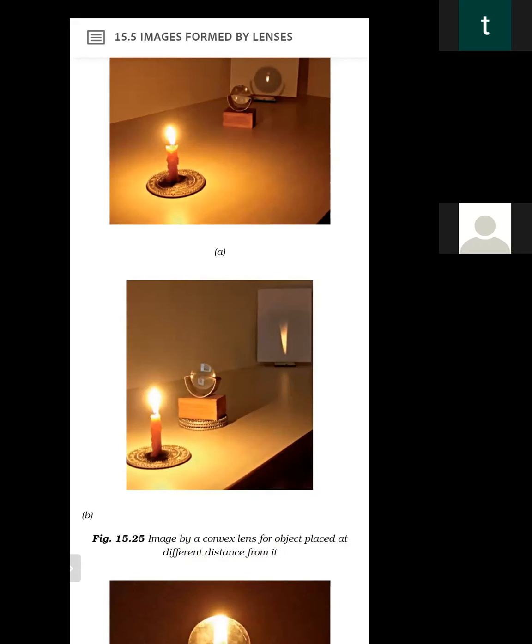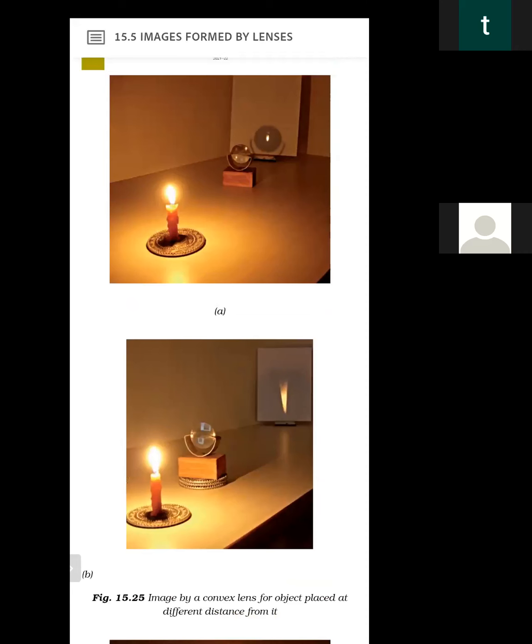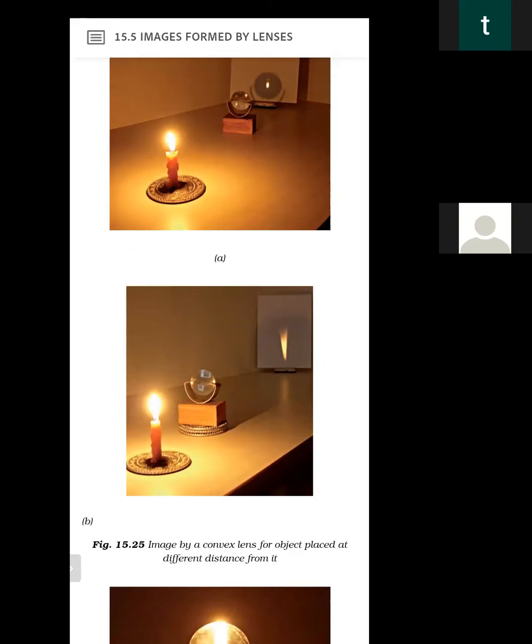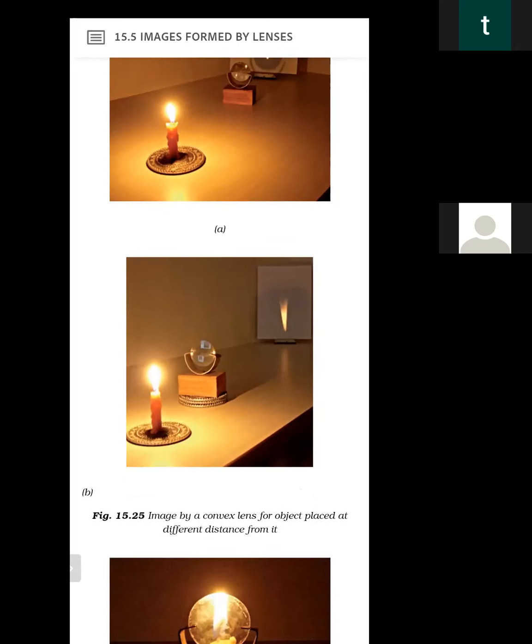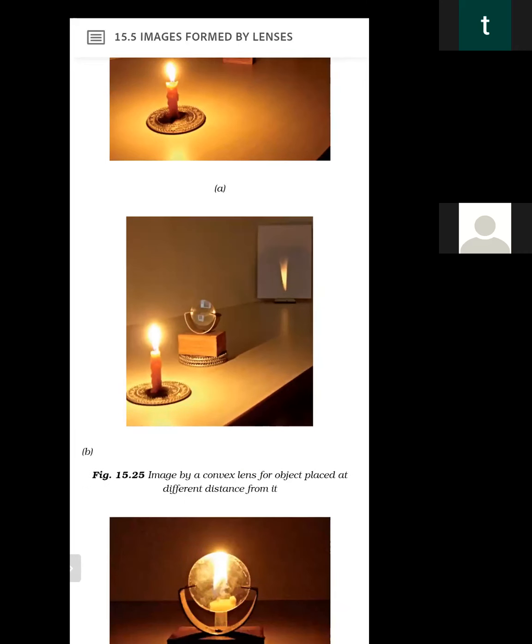But in the first case, the size of the image is smaller than the size of the object. So the image can be smaller in size, and the image can be larger in size.